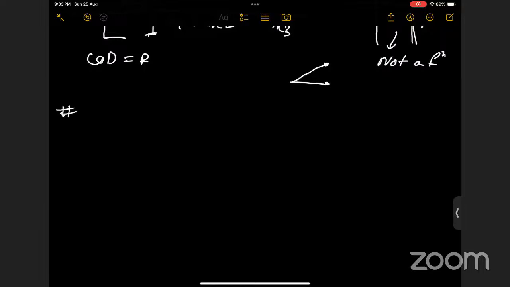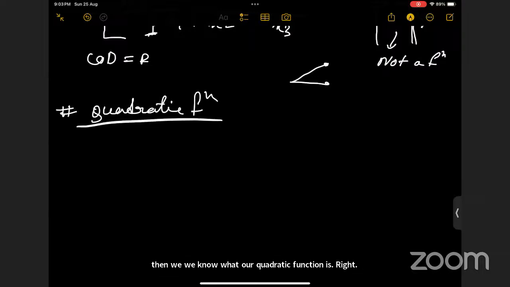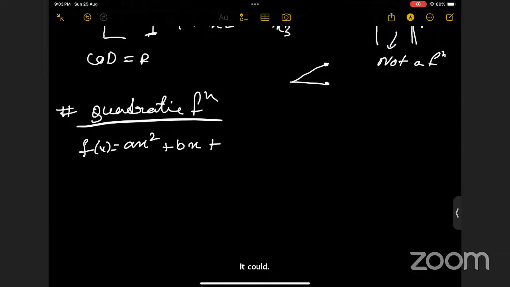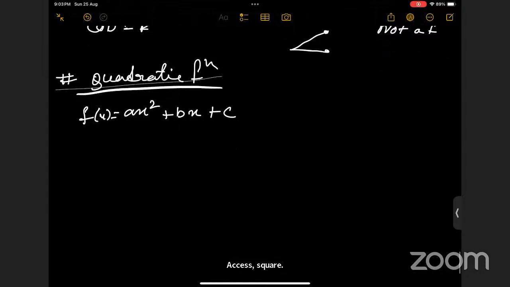So then we know what a quadratic function is, right? For the quadratic function, we have a general form which is f(x) equals ax squared plus bx plus c.